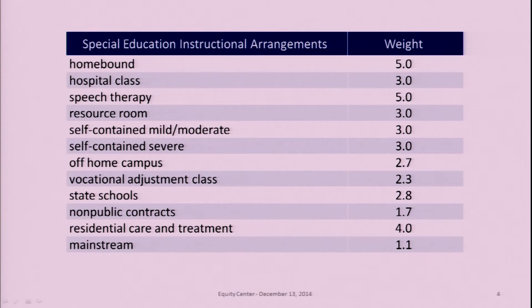You have homebound, hospital class, speech therapy, resource room, self-contained mild, moderate, self-contained severe, off-home campus, vocational adjustment class, state schools, non-public contracts, residential care and treatment, and mainstream. And most of your students are going to be right there. Resource room, self-contained mild and moderate, and occasionally your severe.